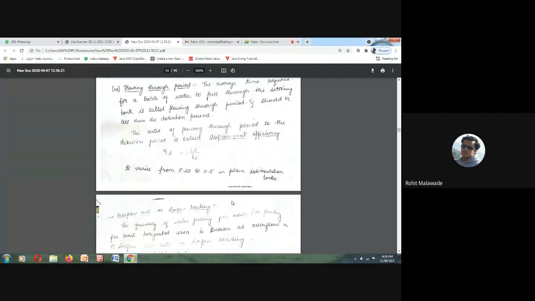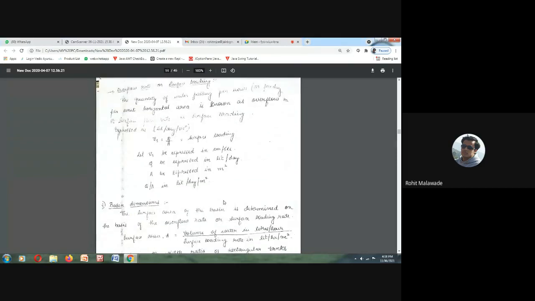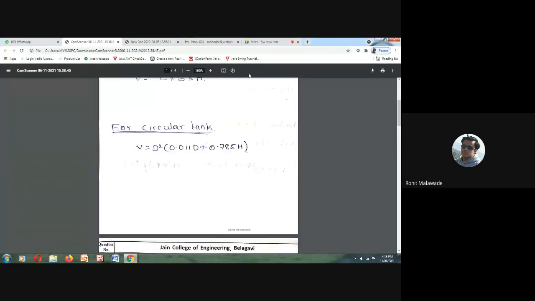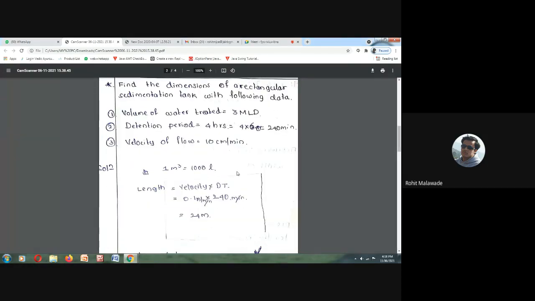And for a circular tank, we will be using this particular formula, where V is nothing but the volume of the circular tank, D is the diameter of the circular tank, and H is the height of the circular tank.